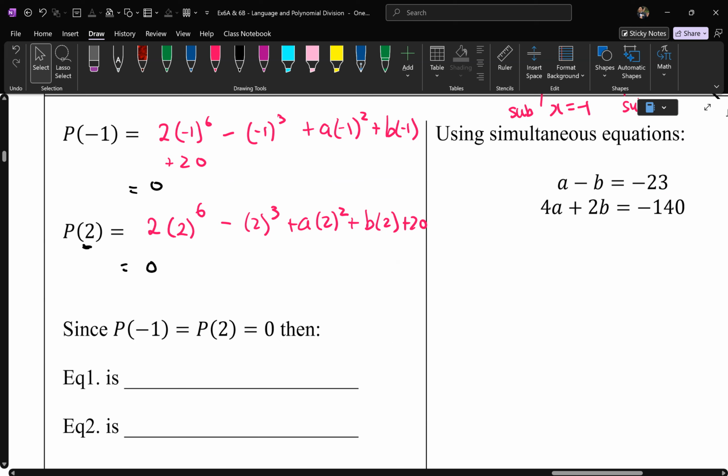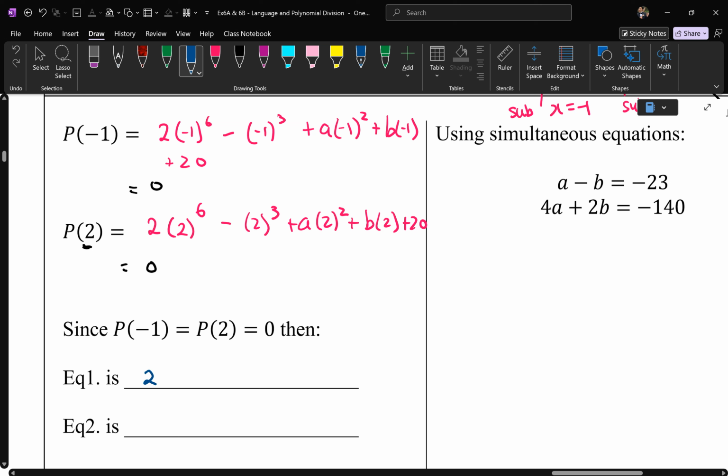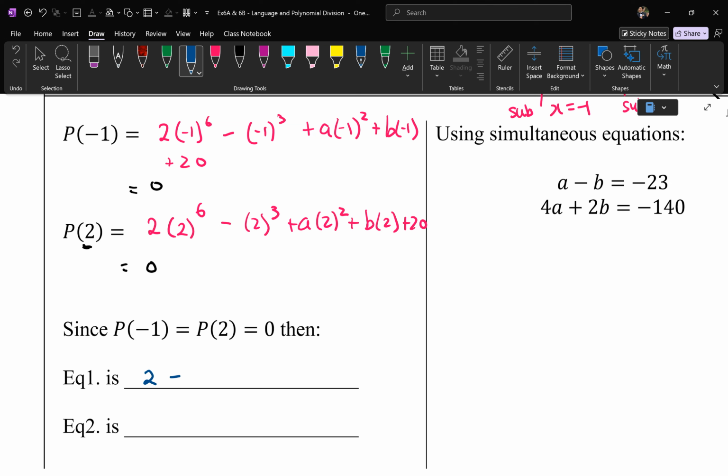Now let's go. What's -1 to the power of 6? -1 to the power of 6 gives you 1. -1 times -1 times -1 times -1. You can sit there and write it out if you want to. But that becomes 2 times 1, which is 2, minus, what's -1 cubed? -1. So minus -1 becomes +1 there.